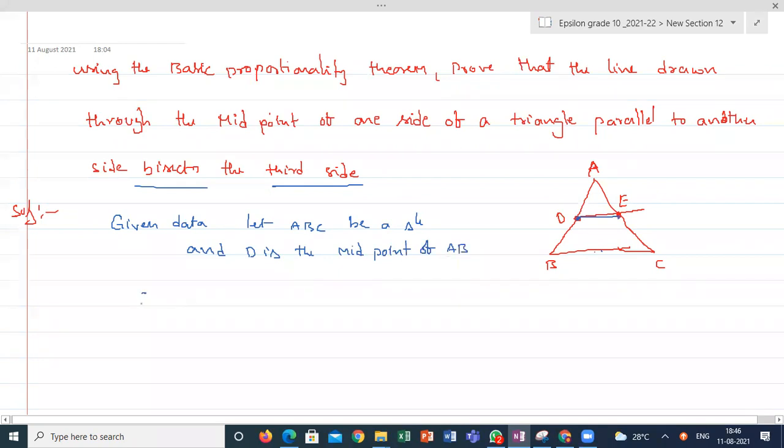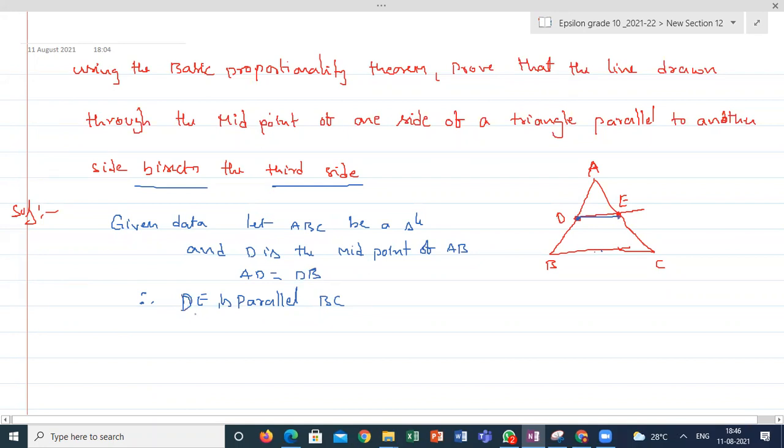And the second point is what? I'm drawing a line DE parallel to the second side. DE is parallel to BC. So from the first point, if D is midpoint, I can write AD is equal to DB. From the second point of the given data, DE is drawn parallel to BC.